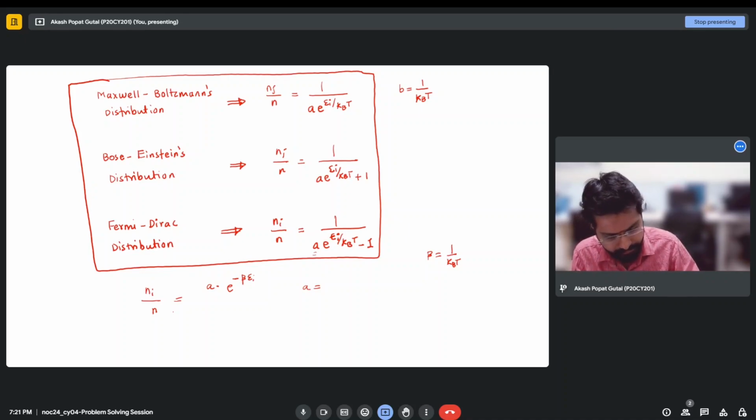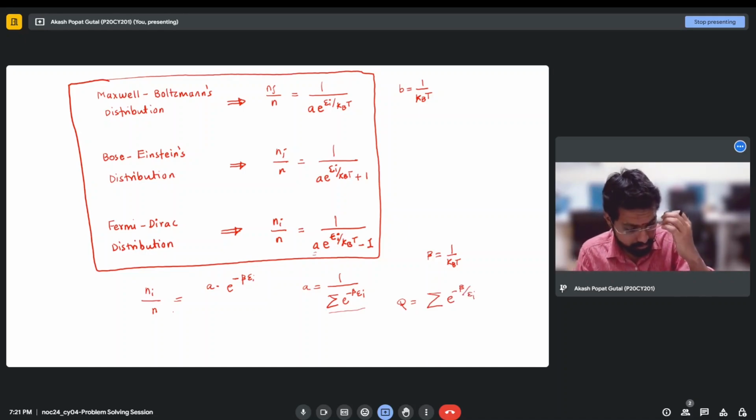So to write it properly, here A we defined as 1 by summation of e raised to minus beta epsilon, right? And this part is Q, which is nothing but the partition function, summation of e raised to minus beta into epsilon.